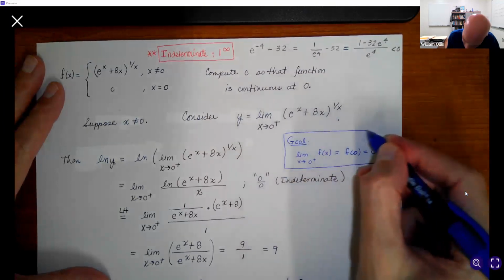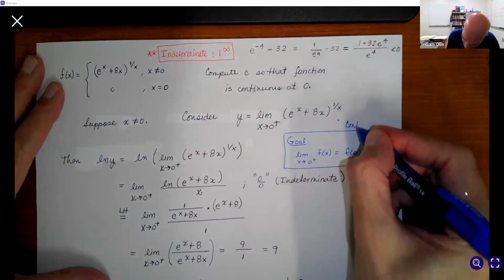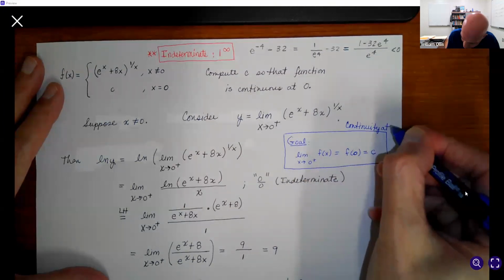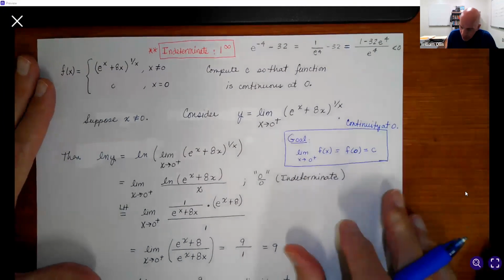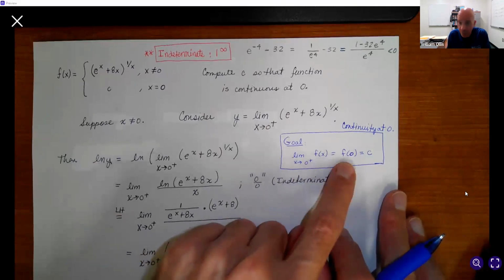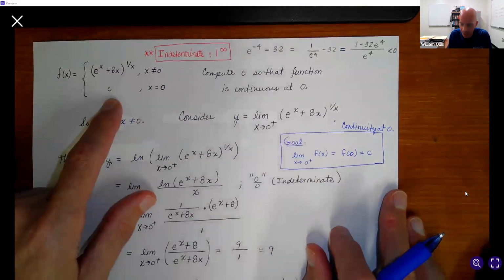So this is the continuity result from Cal 1. We'll say continuity at 0. So if we're approaching 0 from the right and f is continuous there, this should be f of 0, but by definition, f of 0 is c. So it's important to state it in context of this.